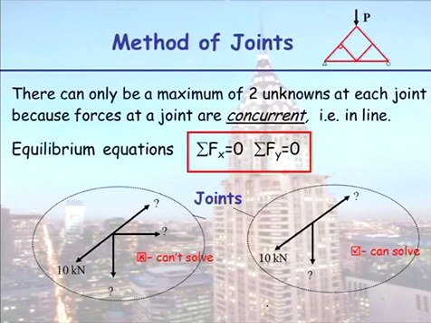With the method of joints, because we're only considering a single joint, you can see here that you have no moment happening. We don't give you trusses with moments applied to them. So all these forces, if you do trace them back, they all trace back to the joint. Thus, the moment equation is not helpful to us here. So we only have two equations of equilibrium to use. So with the method of joints, you can only have two unknowns at a time. So over here, you couldn't solve this system because you have three unknowns.